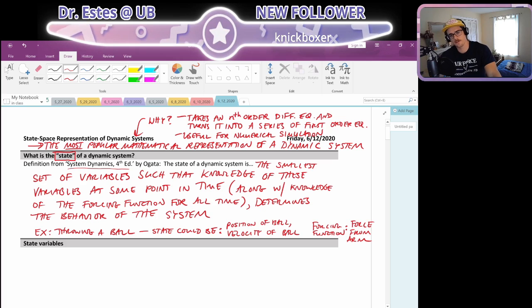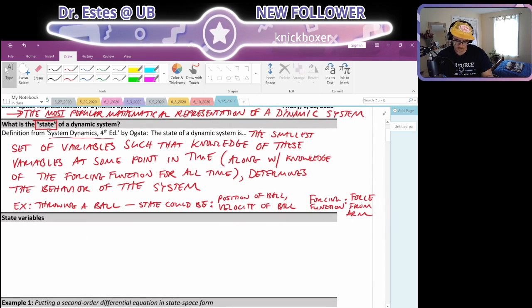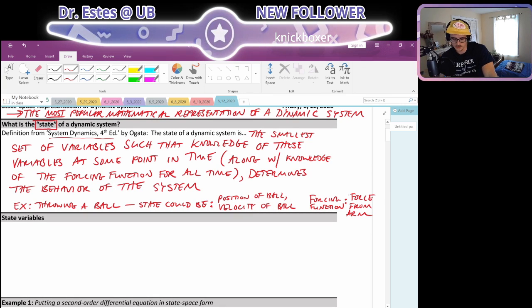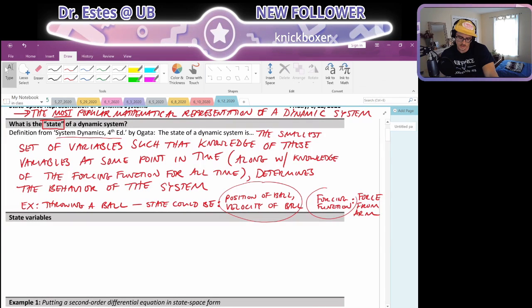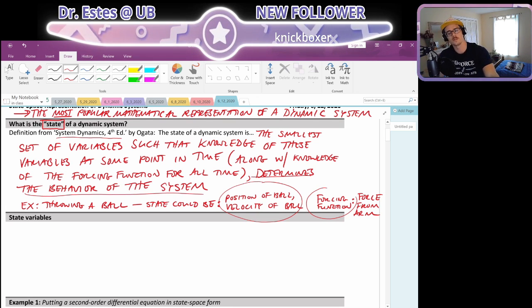So if I know what the force from my arm is going to be, and if I know the position and the velocity of the ball when it leaves my hand, if this is the state of the system and I know this forcing function, then this knowledge determines the behavior of the system from that point forward.